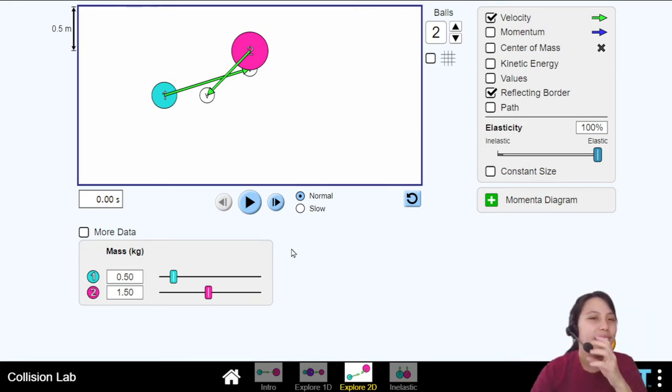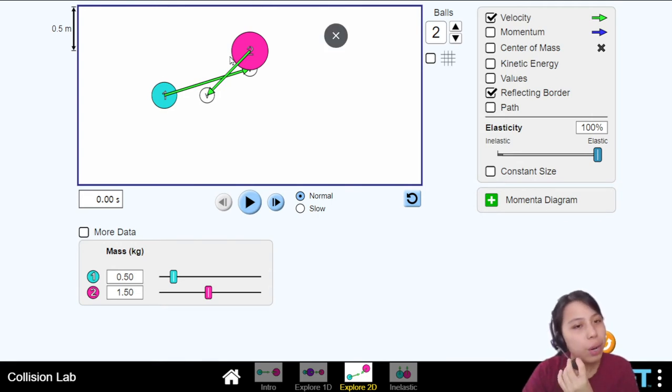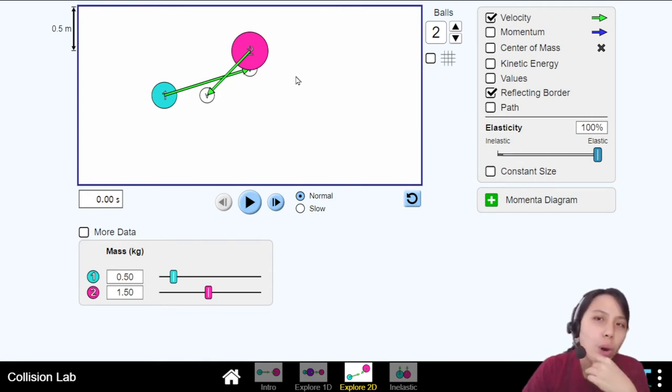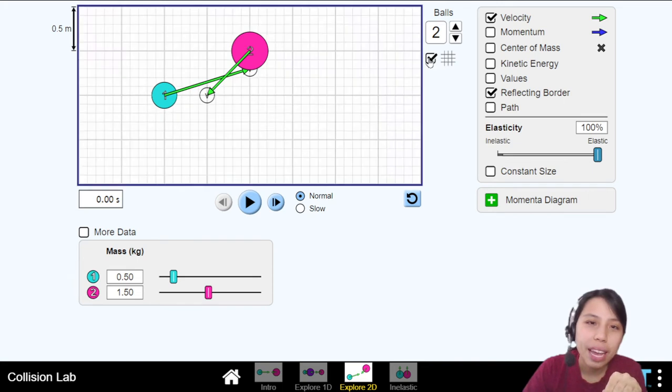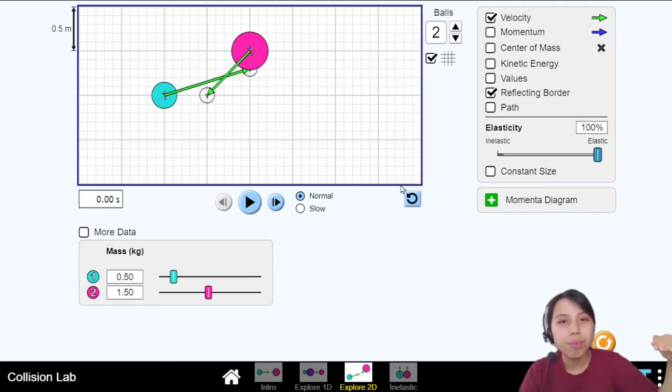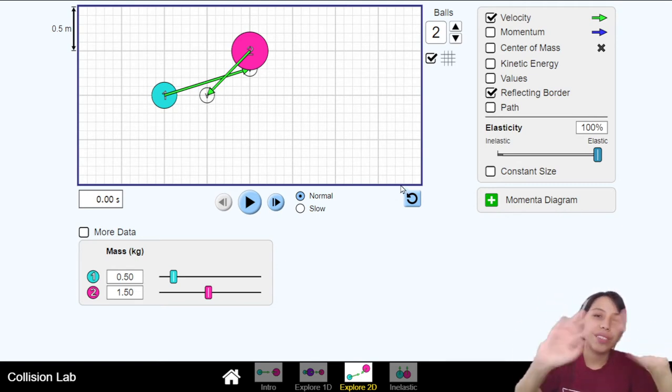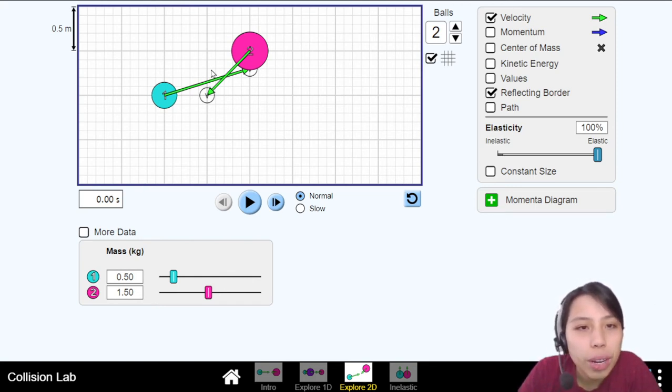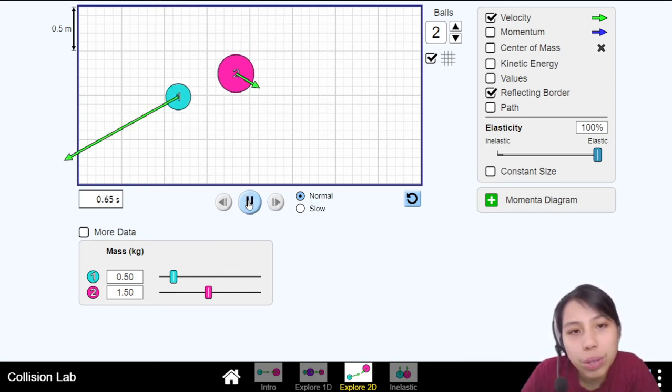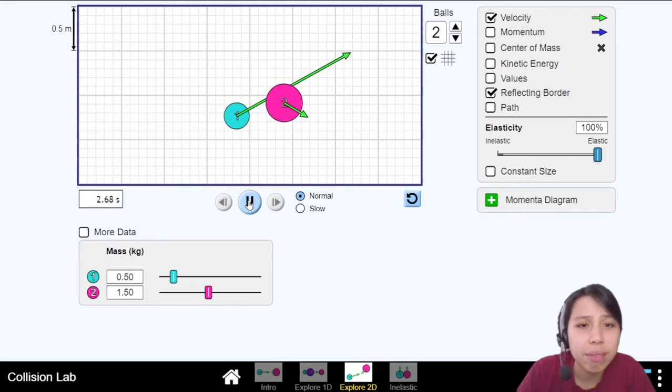It's super fun. Two-dimensional really means now you have to think about the horizontal component and also the vertical component, because the component momentum must be conserved in the horizontal as well as the vertical, both. So when you collide two things like this, it's going to move not in a straight line, but everywhere.